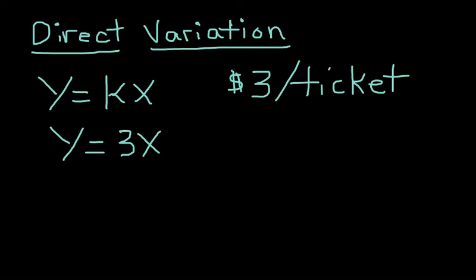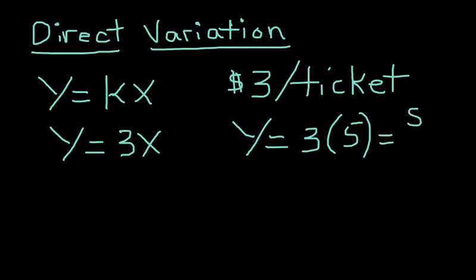So obviously if we buy or sell 5 tickets, we would plug 5 in for x, and multiplying 3 times 5, that would mean that our total ticket sales were $15. Now that's a simple example, but that is a fixed or a constant rate of $3.